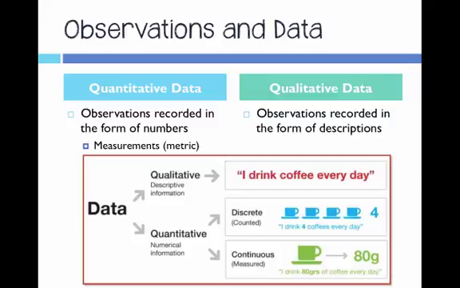So anything that you use a tool or a device to measure something, like a scale or a balance or a meter stick or a thermometer, that would give you a continuous number. So for example, I drink 80 grams of coffee every day. Well, that's still quantitative because there's a number. So hopefully you see the difference between those two.